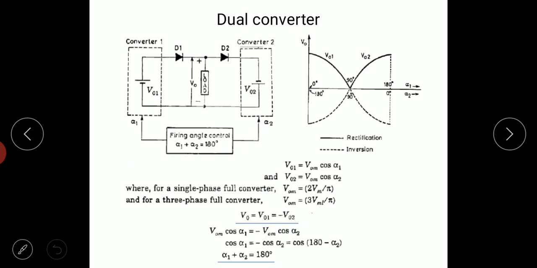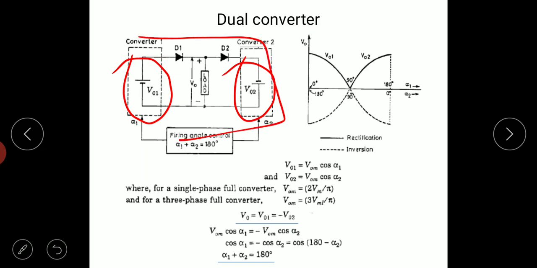Whatever be the shape, if there are differences in instantaneous values, then also we can have identical average value. The problem is that the instantaneous voltages will differ across both converters V01 and V02, and due to this difference in voltages there will be a circulating current between these converters.